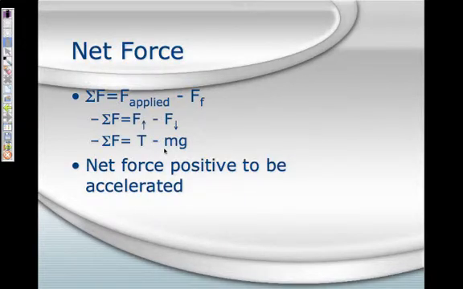When we look at whether or not an object with friction is going to be accelerating, we could be moving an object, have friction, and be moving at a constant rate. In order for something to be accelerating, we have to have a net force of greater than 0. So the net force is going to equal the force applied minus the force of friction, because they're in opposite directions. You have to subtract them.